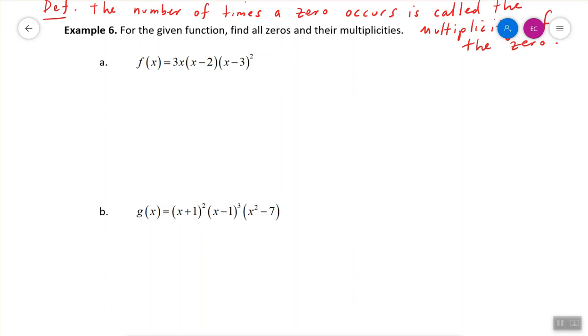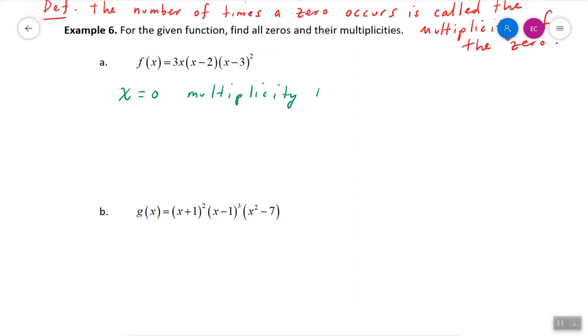Maybe the place to start is with the factors, right? So in number 6a, there's a factor 3. We can disregard that. There's a factor x, and we say x equals 0 is a 0, and its multiplicity is 1.